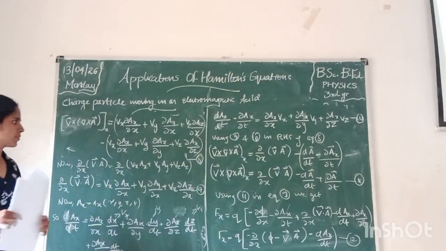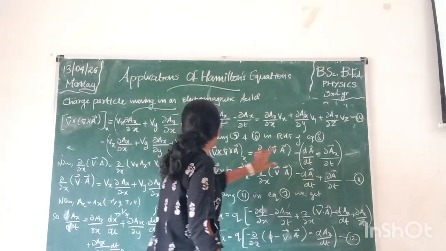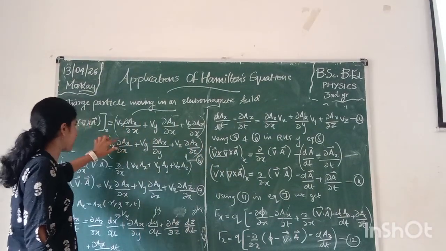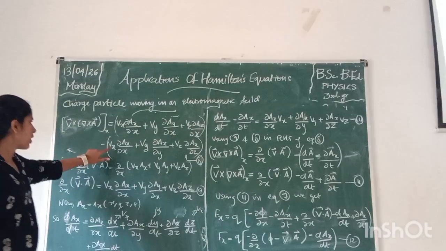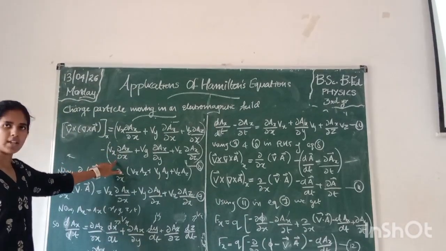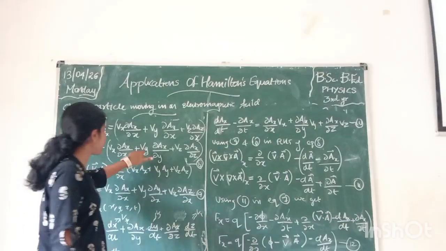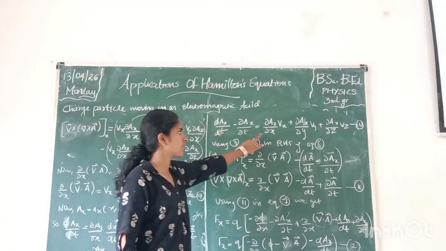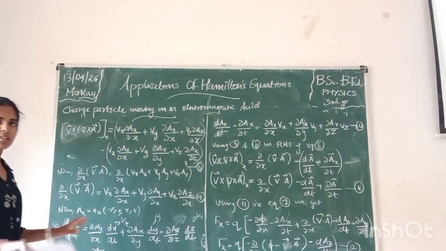Understood? And the next part, in this equation, you can see this part, vx ∂/∂x plus ∂/∂y of ∂Ay, this term we are replacing by this. For that only we did this thing.